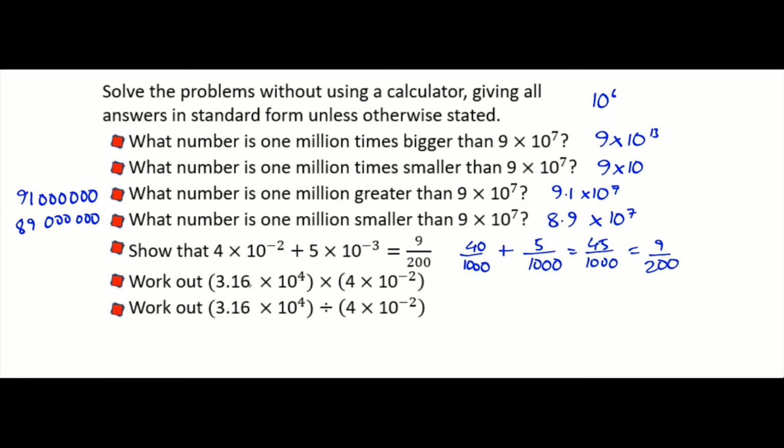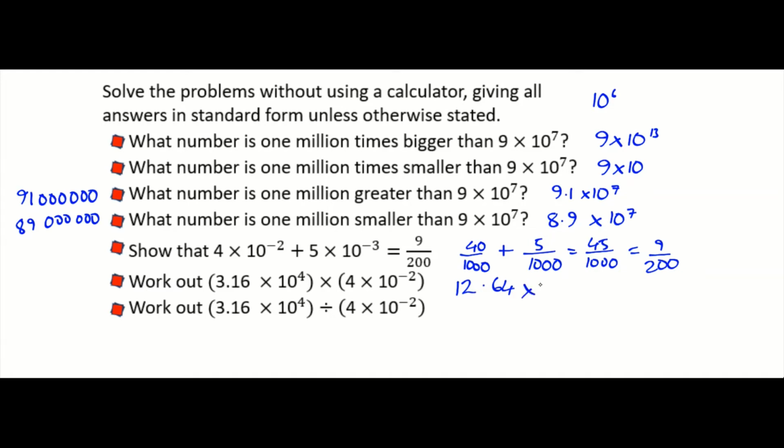Last couple of questions then. 3.16 times 4, well, 3 4s would be 12, and 16 4s are 64, so that's going to give us 12.64. And then we've got 10 to the 4 multiplied by 10 to the minus 2. So we add the powers. 4 add minus 2 is 2.